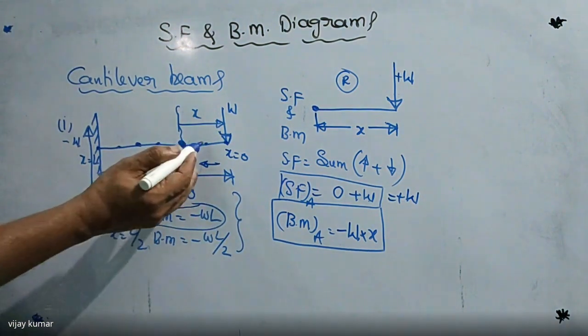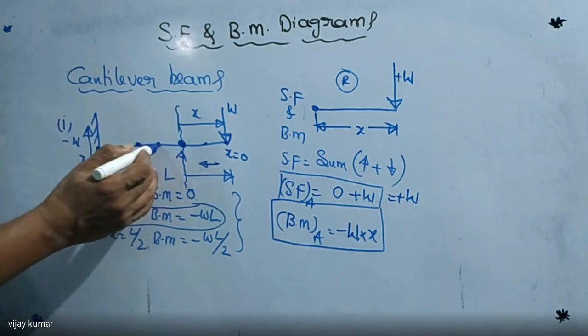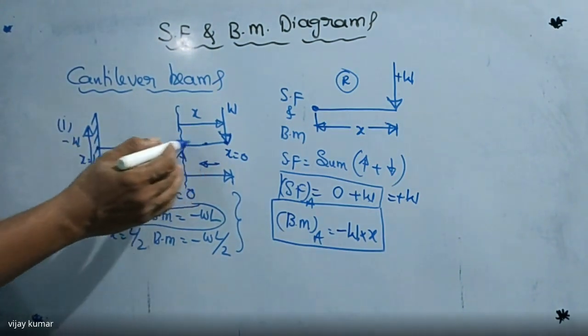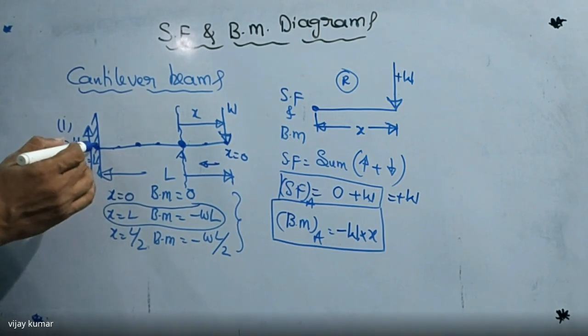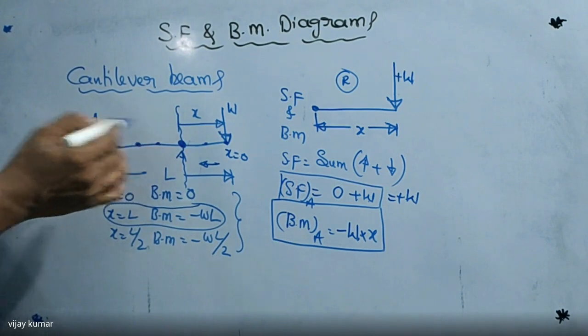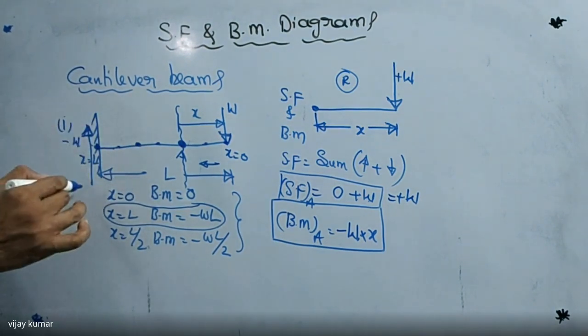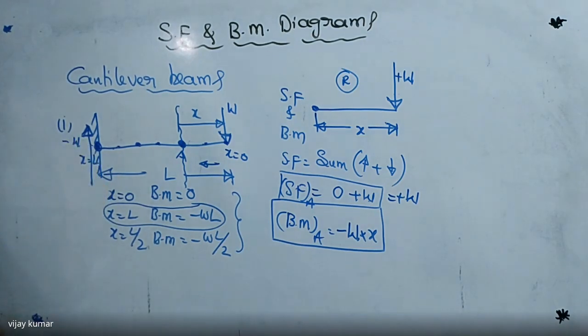In case of shear force, at any point the shear force is W. If you come to this one, the shear force is also W. But if you consider this reactive force, both cancel each other. Without considering the reactive force, the shear force at this point is W. Did you all get my point?